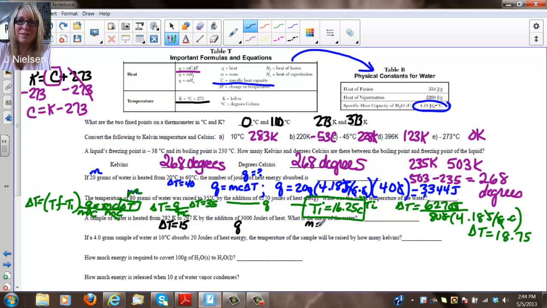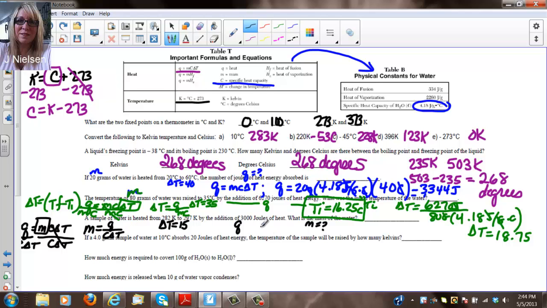I don't know my mass. So again, I have to rearrange my formula. I've got Q equals MC delta T. I'm trying to solve for mass. This was all multiplied, so I'm going to divide by C delta T on both sides. And I get M is equal to Q divided by C delta T.